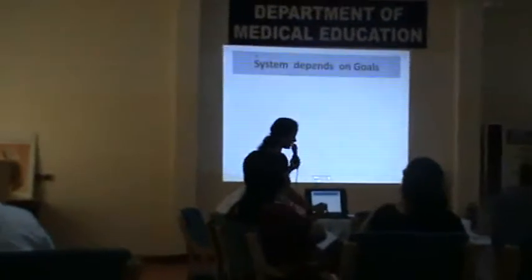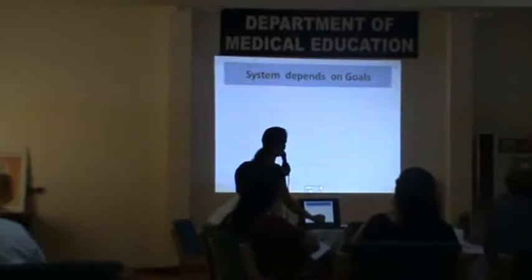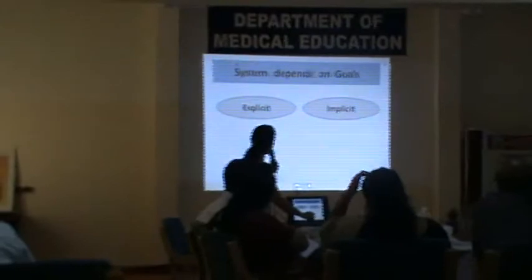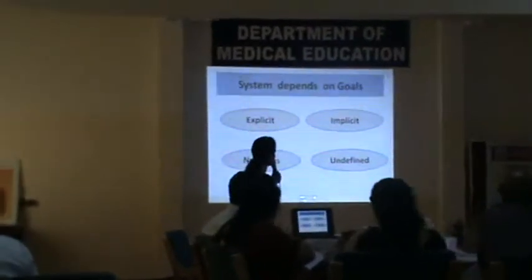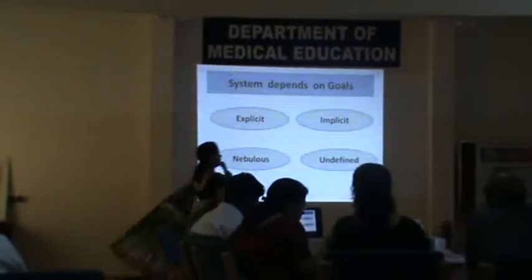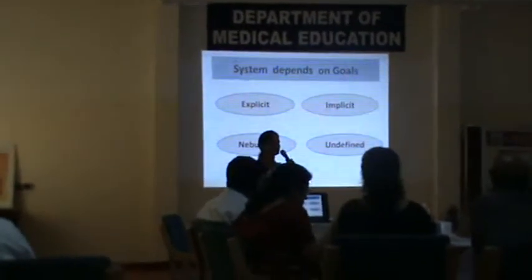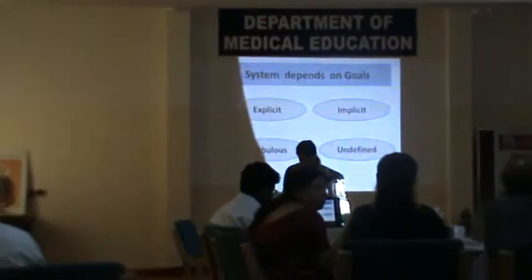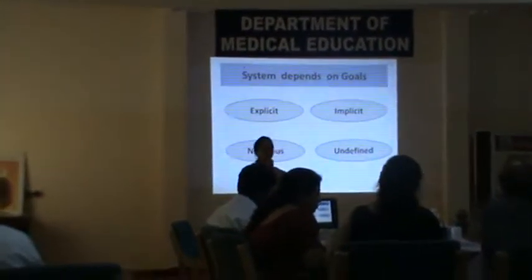So the system depends on goals. Unless we have the goal, it is difficult. These goals could be explicit, implicit, nebulous, undefined. So which is better? How do we expect our goal to be? Undefined?